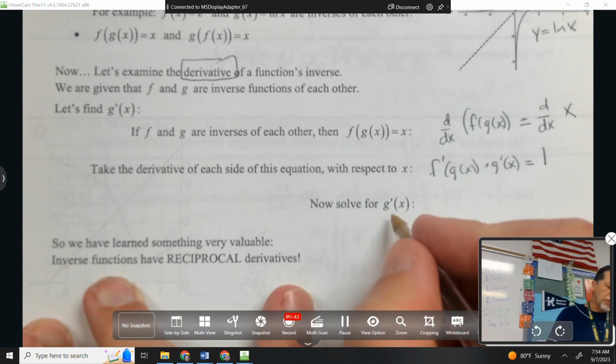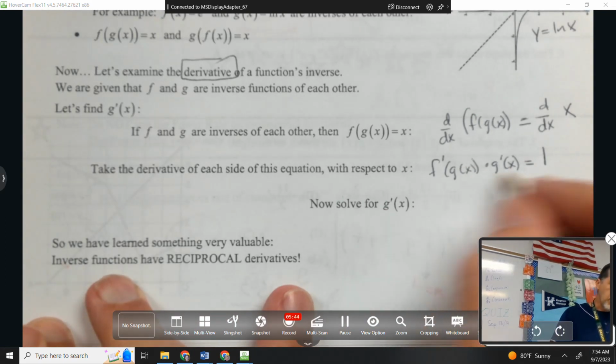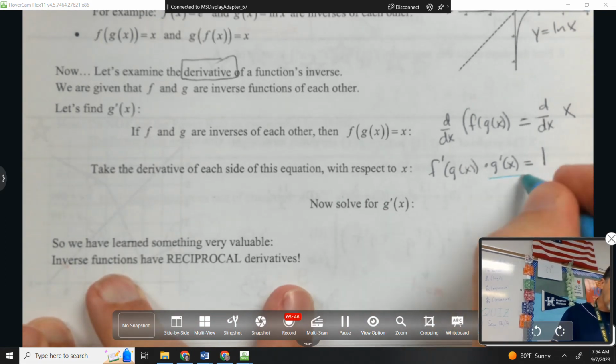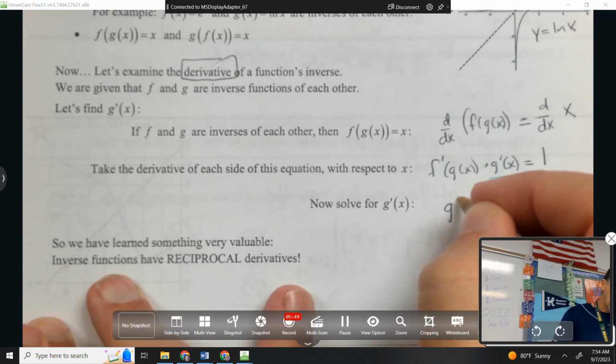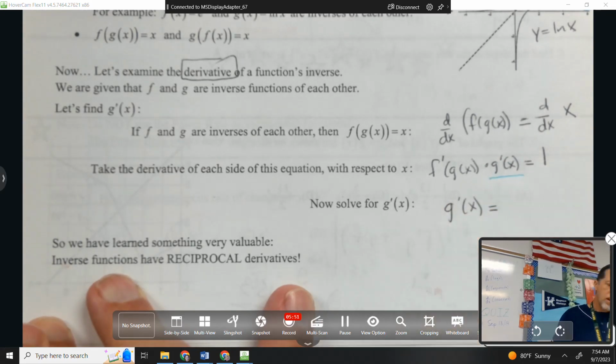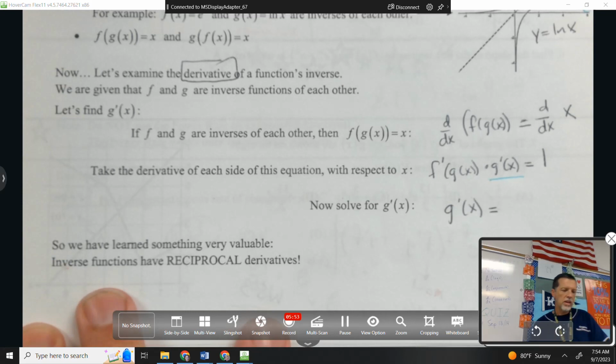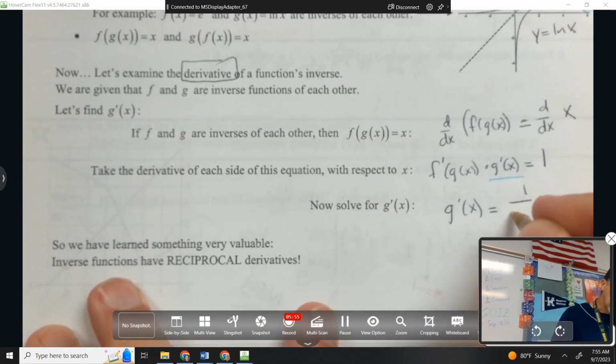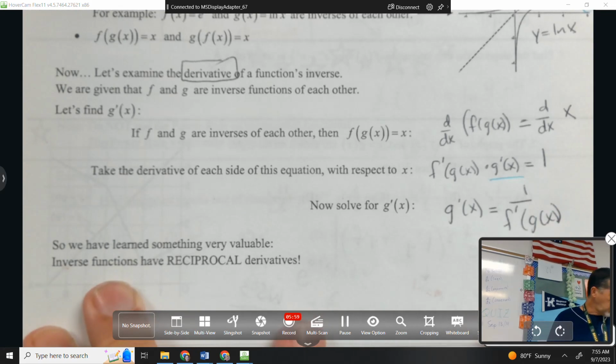Now let's solve for g prime. So this is a crazy looking equation, but solving for g prime is an algebra step. G prime is equal to 1 over f prime of g of x.